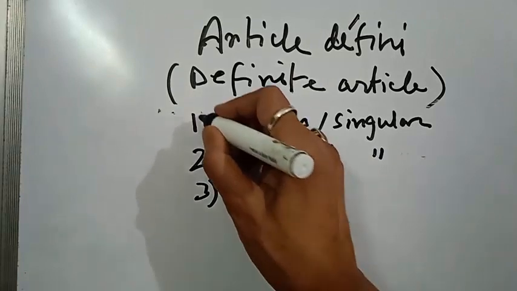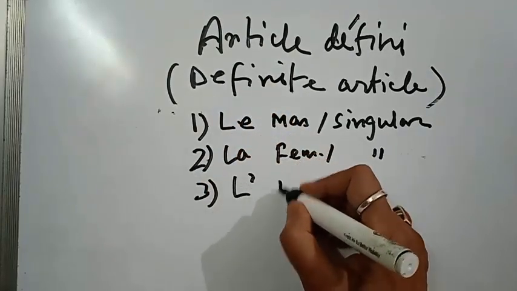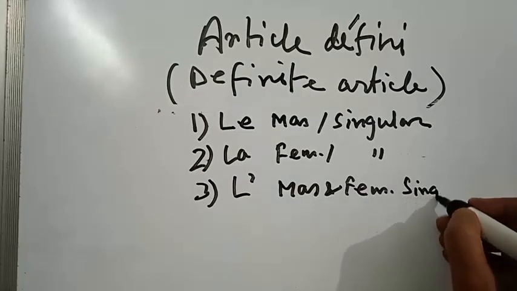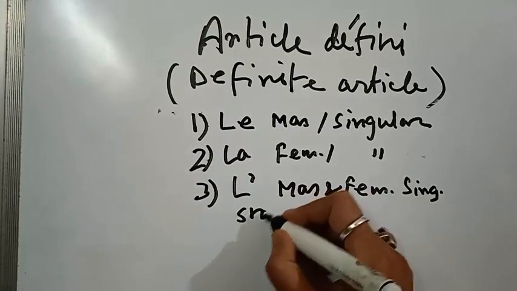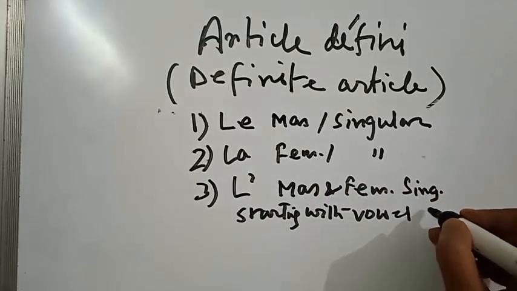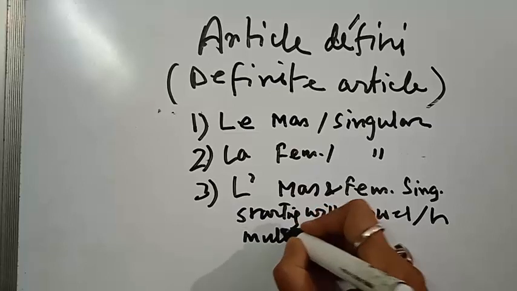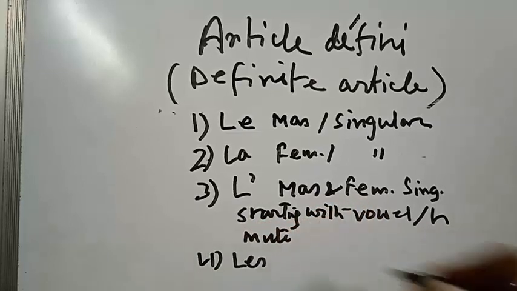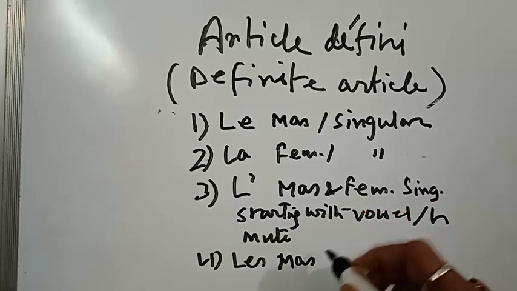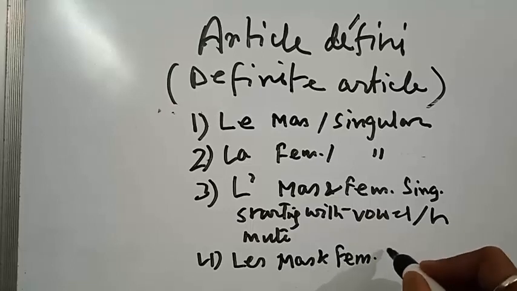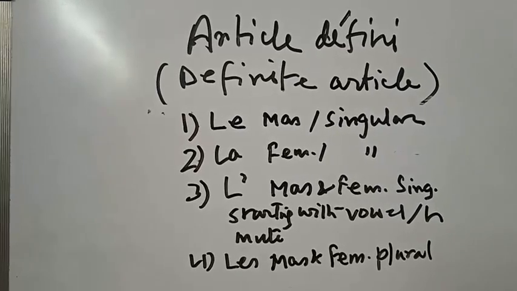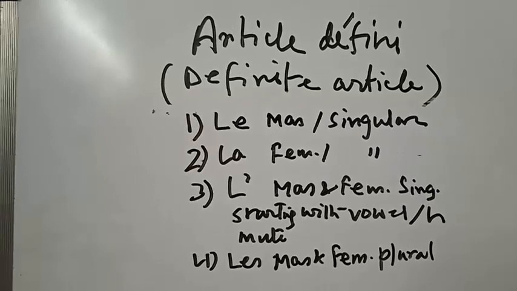Number three, l apostrophe, masculine and feminine, singular, starting with a vowel or h muet. And number four, les, for masculine and feminine plural. This is the rule of the definite article in French grammar. Okay, that's all for the definite article. Now, please take down in your copy.